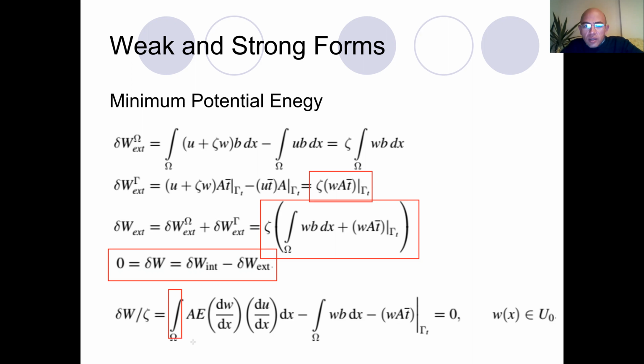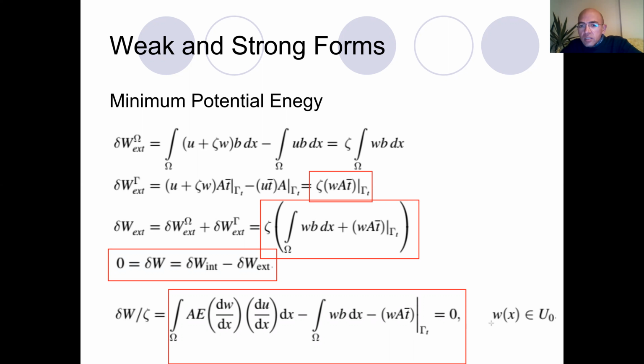That is area multiplied by Young modulus dw dx multiplied by du dx, integrated over the domain omega, minus the integration of w multiplied by b over the domain omega, minus w a t bar over the traction boundaries.